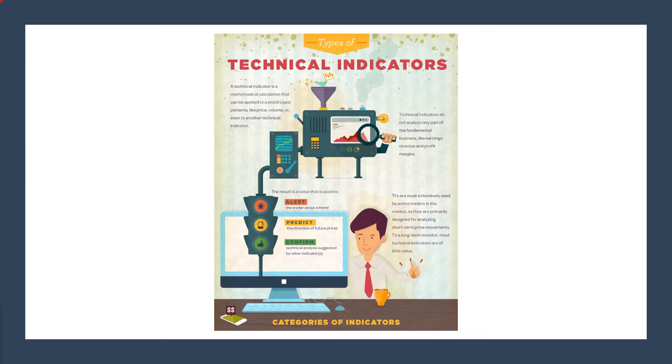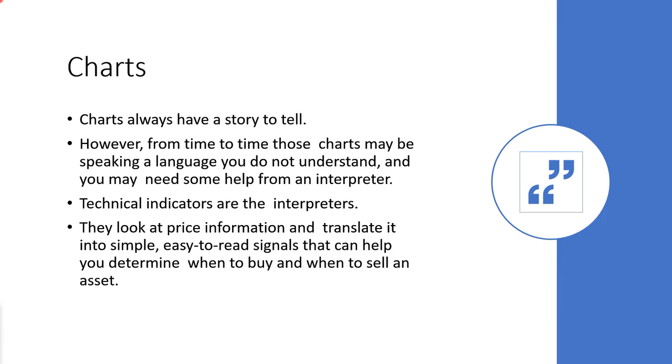Jobs report doesn't care about elections. They are numeric calculations. Technical indicators are most extensively used by active traders in the market, as they are primarily designed for analyzing short-term price movements. To a long-term investor, most technical indicators have no value at all.